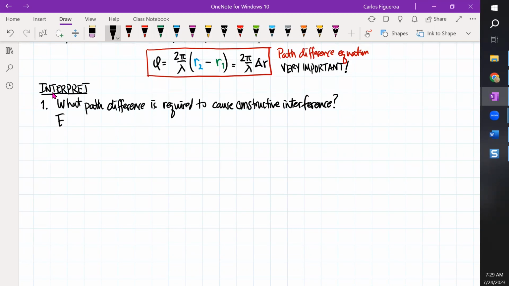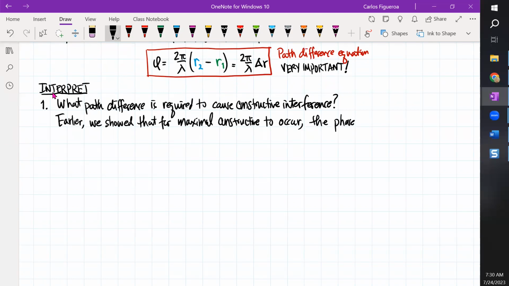Earlier, we showed that for maximal constructive interference to occur, the phase had to be multiples of 2 pi m.